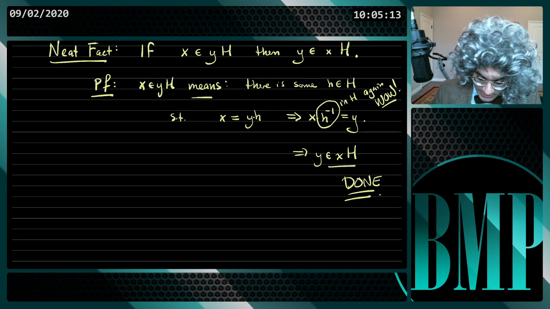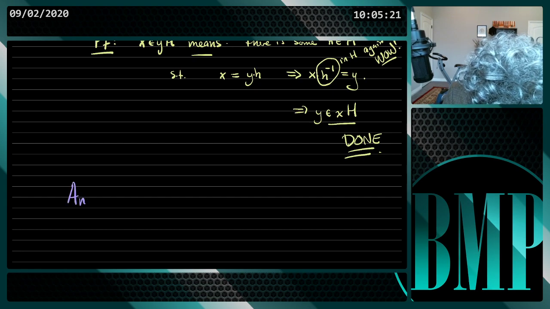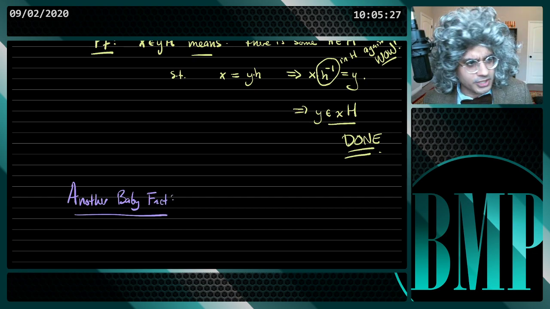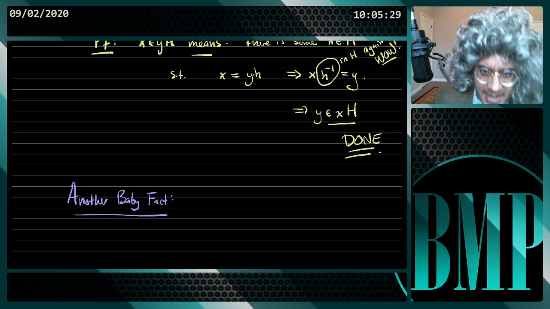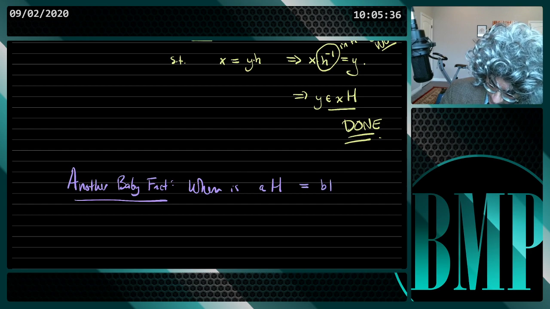All right? So here's another simple fact. Another baby fact. When are two cosets the same? When is this coset equal to this one?